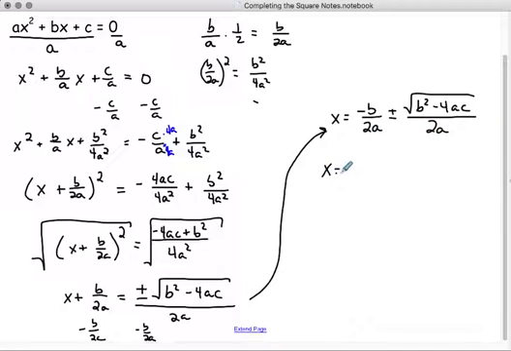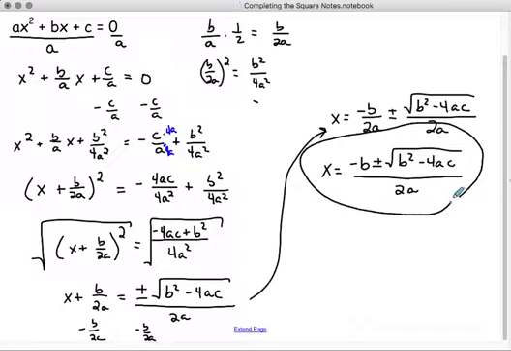So some of you might recognize x is equal to negative b plus or minus the square root of b squared minus 4ac, all over 2a. And that, my friends, is your quadratic formula derived through the method of completing the square.